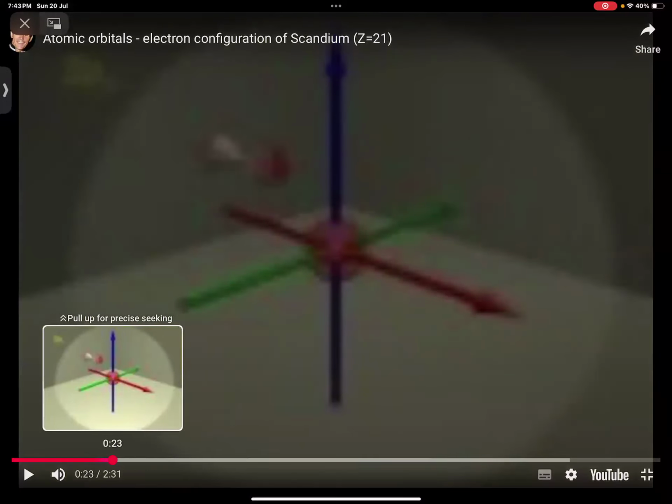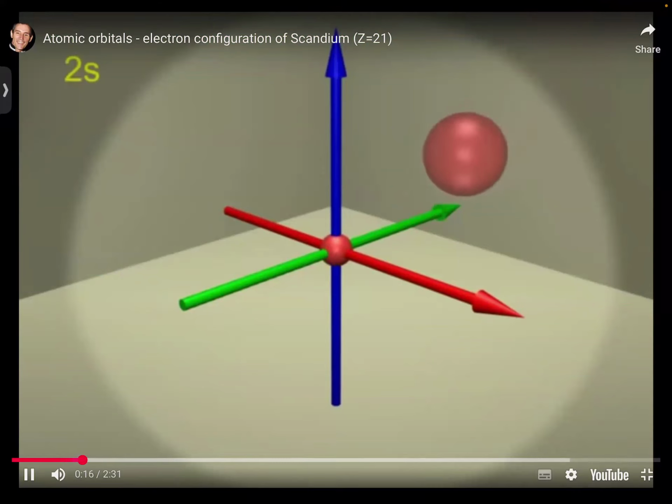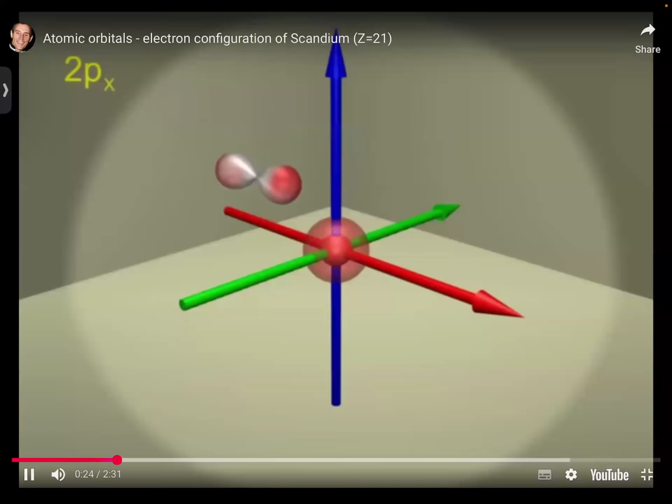Now I'm going to repeat it again. Look. This is 1s containing 2 electrons, a small sphere close to the nucleus. After 1s, it's 2s containing 2 electrons. And now 2px, a dumbbell along the x-axis. Then 2py.